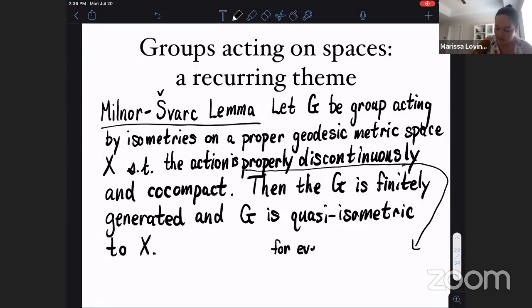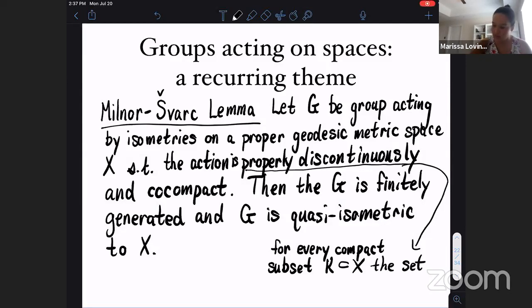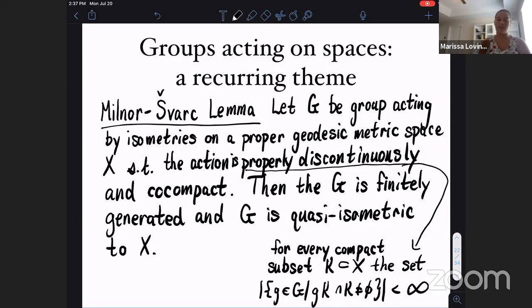This just means that for every compact subset K of our space X, the following set is going to be finite: the set of all g in G which take K not completely off of itself, so they don't take K disjoint. This set is going to be finite. So that's just what it means to be properly discontinuous.